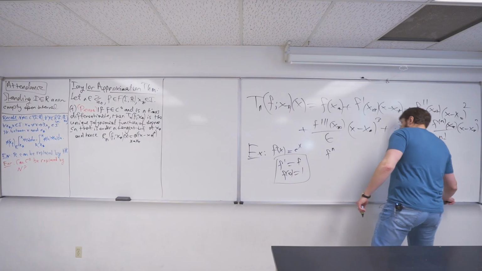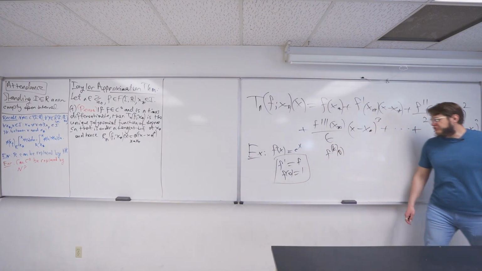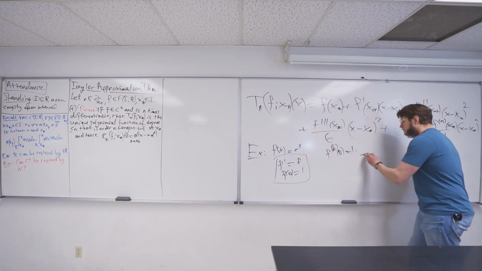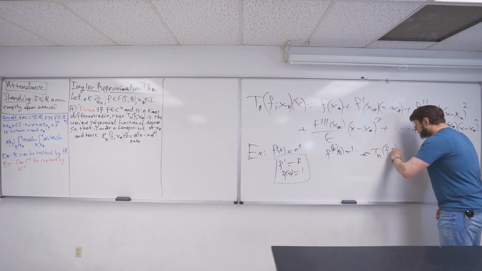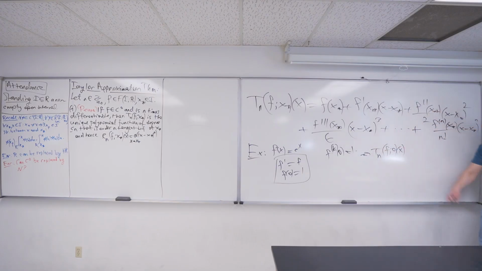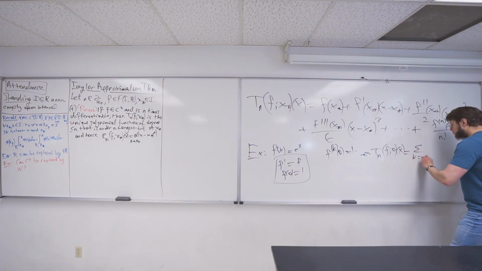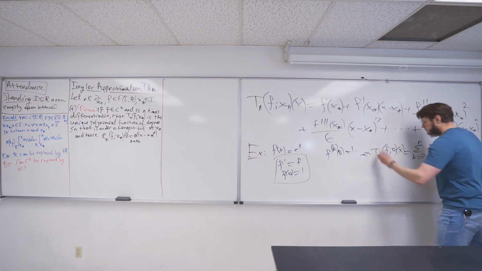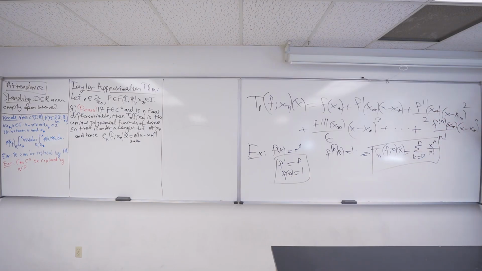So for any k, the kth derivative of this specific function at 0 is going to be just 1, which means the Taylor polynomial at 0 of the exponential function is going to be nothing but the sum over k from 0 to n of x raised to the power k divided by k factorial.